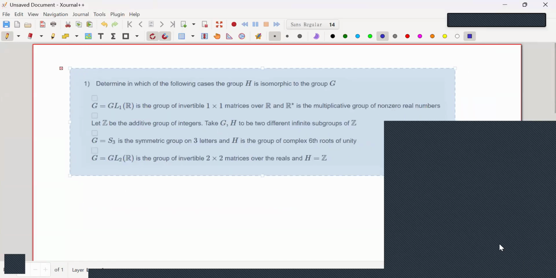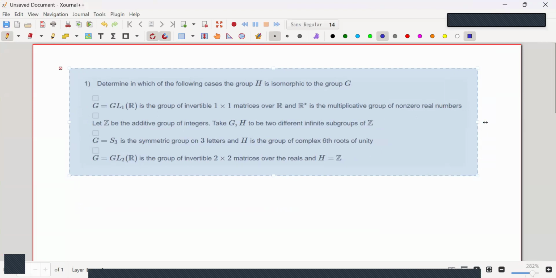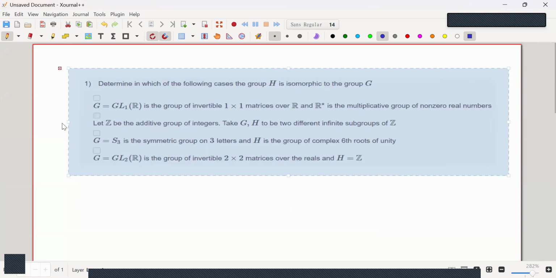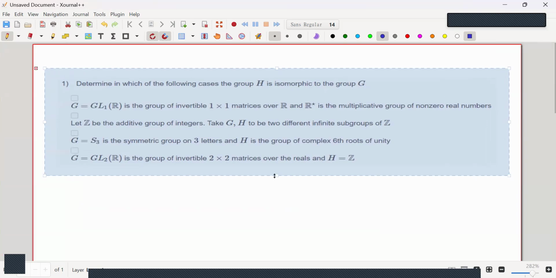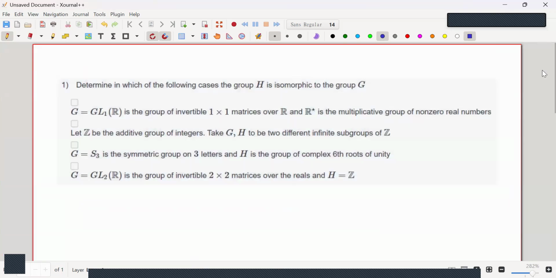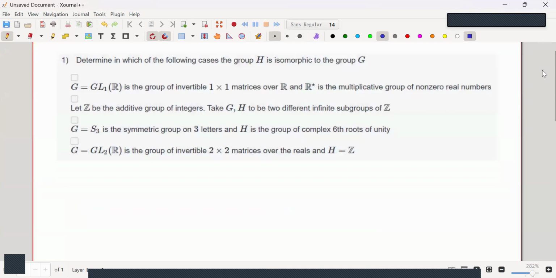Here is question number 1. It says we need to determine the cases in which the group H is isomorphic to the group G. I hope you know what is group isomorphism. So what about the first option?